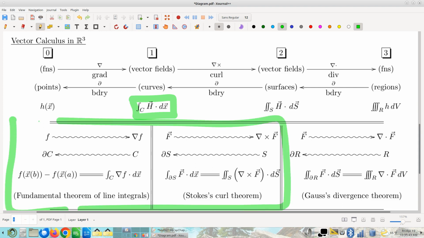Here are two theorems that conceivably might apply. There is no way that Gauss's divergence theorem is going to apply here. Gauss's divergence theorem doesn't even connect with line integrals. There's no chance that this is going to come up. Does that make sense to everybody? Yeah.